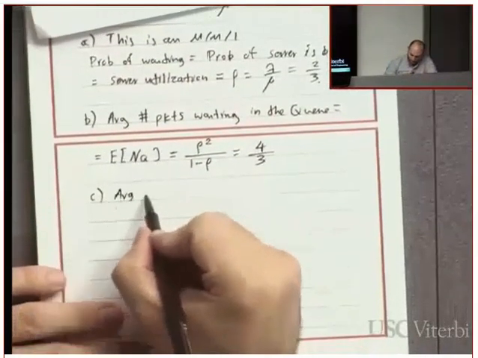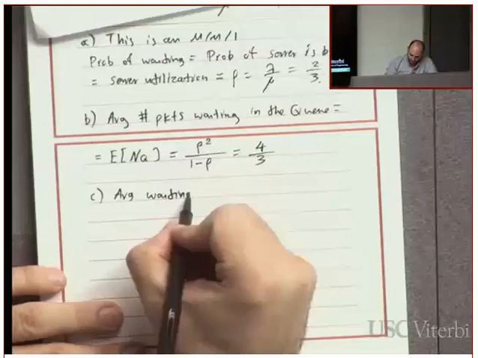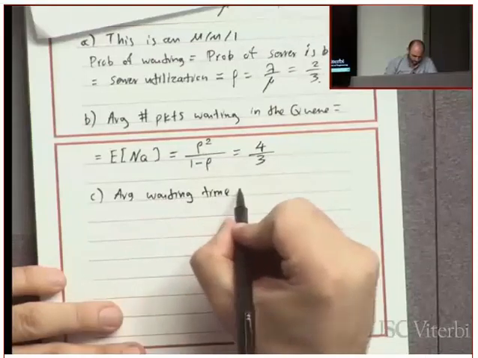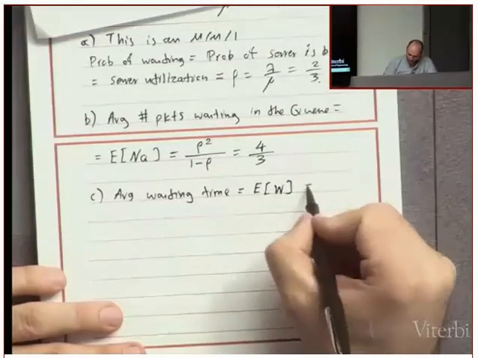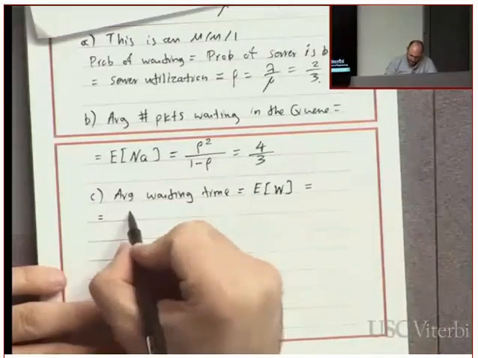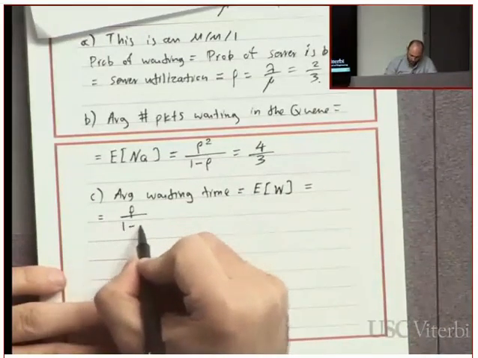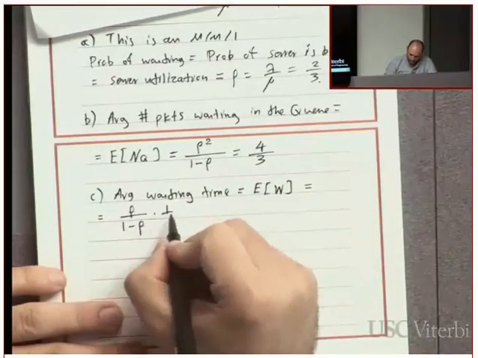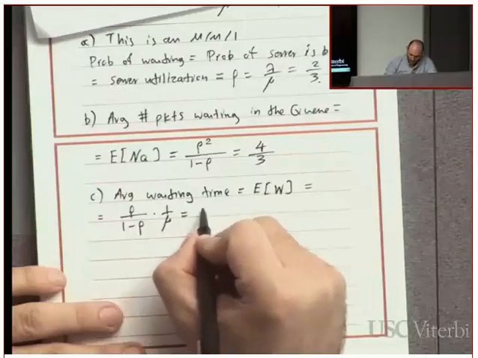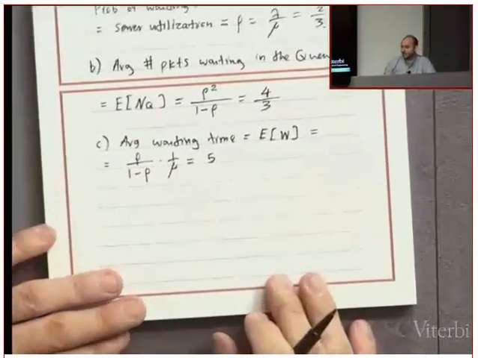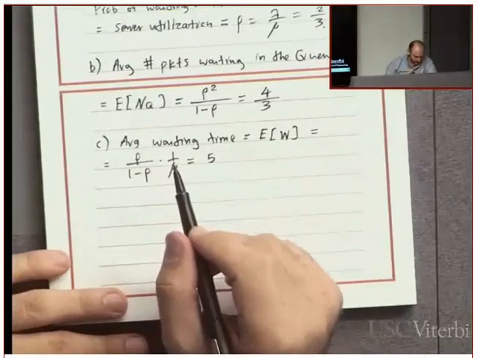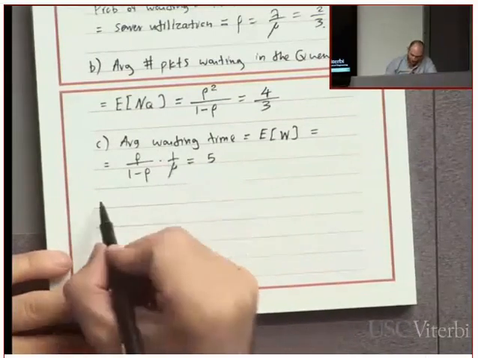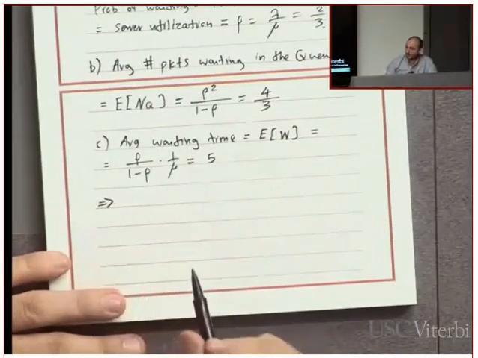So average waiting time, expected W, that's how we represent it, is equal to rho over 1 minus rho times 1 over mu. And this gives 5. Okay? So what is the rho in this case?